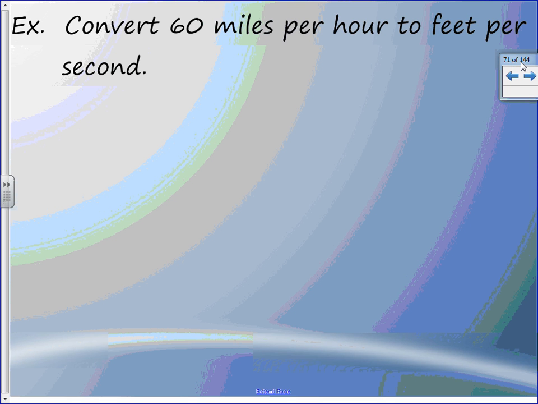So miles is a distance, and you are converting miles to feet. And if you look at your conversion factors, it might not be listed here. So this might be something that you're going to have to add to your notes to have on hand. Does anyone know how many feet there are in 1 mile?